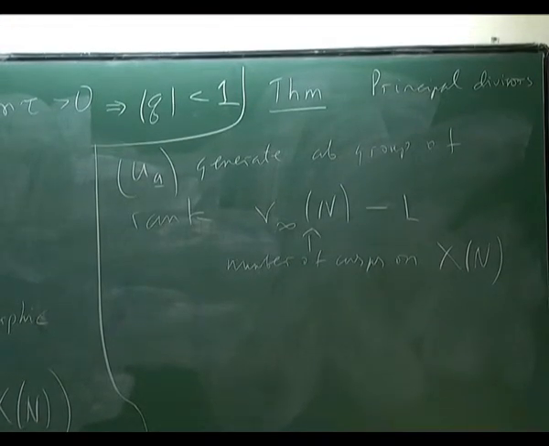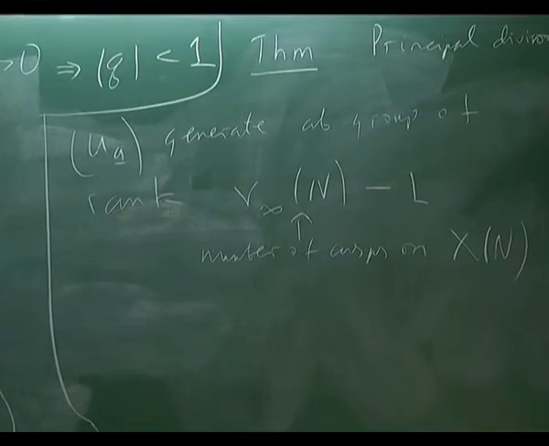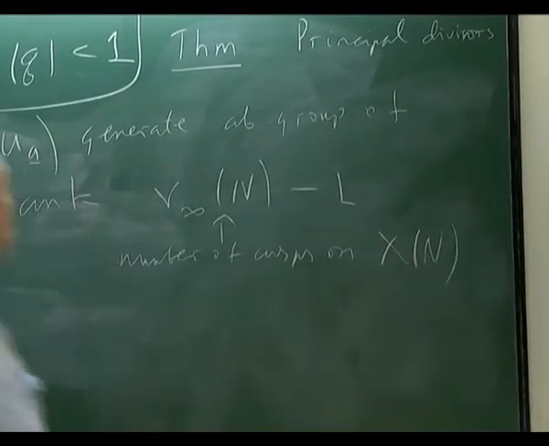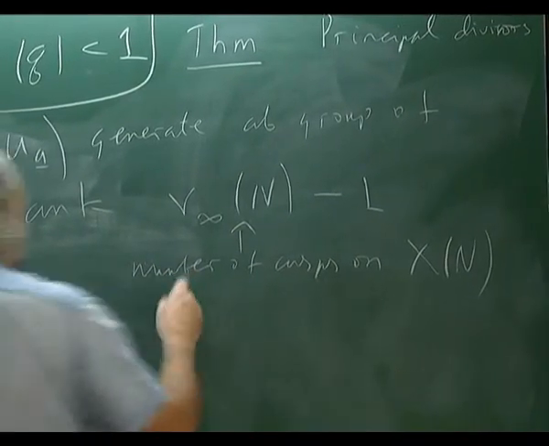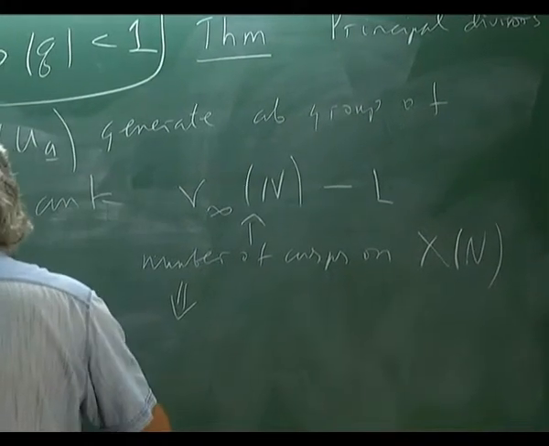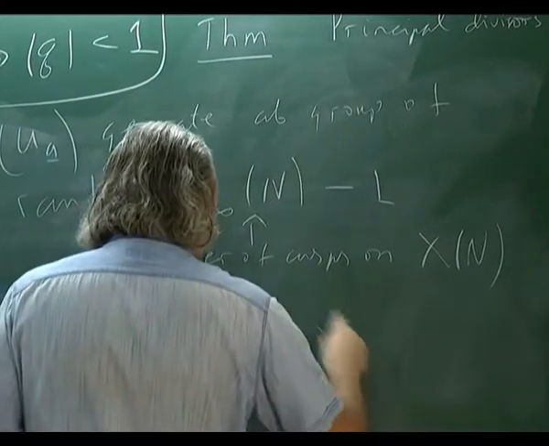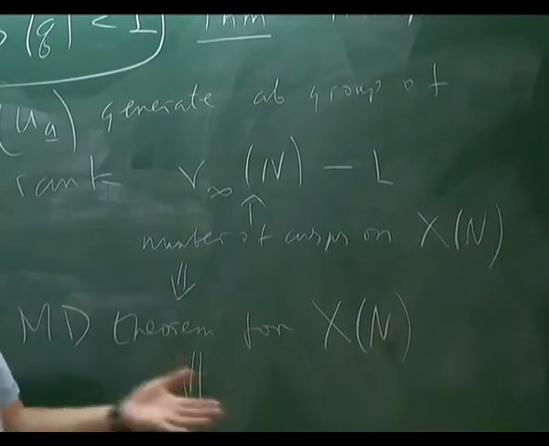The proof is, well, just proof. And this implies the Manin-Drinfeld theorem for X of n. And for XJ, that is just immediate.